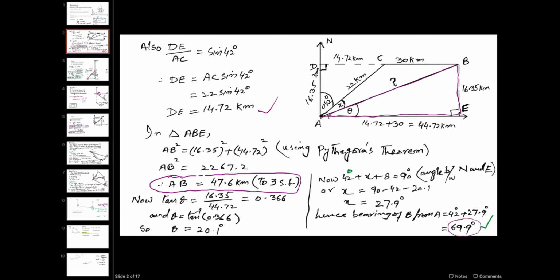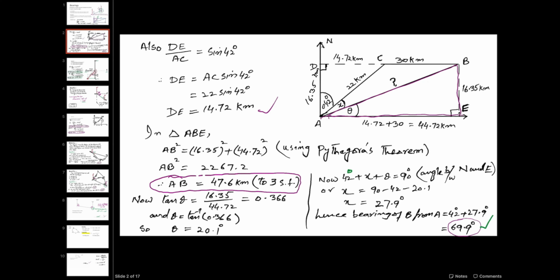I have used Pythagoras theorem. So AB square is equal to 2267.2. Now take the square root on both sides. Hence AB is equal to 47.6 kilometers, which is the distance between points A and B.